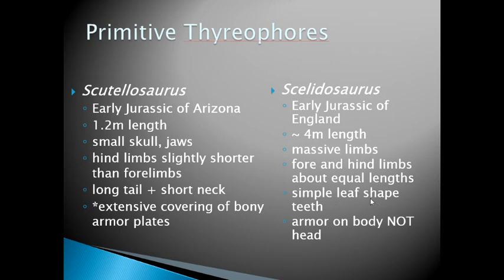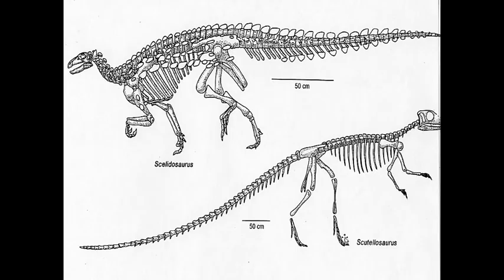It has simple leaf-shaped teeth, we'll talk about that again later. It's a good indicator of something that eats plants. And then differences in the relative covering of the bony armor plates on the body. So then there's usually some picture like this. These type pictures are the bony pictures.